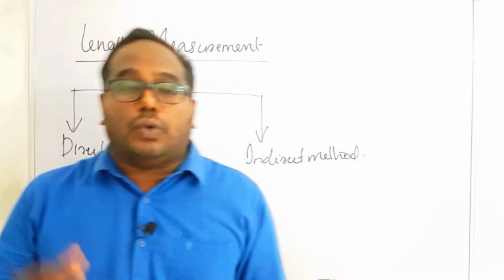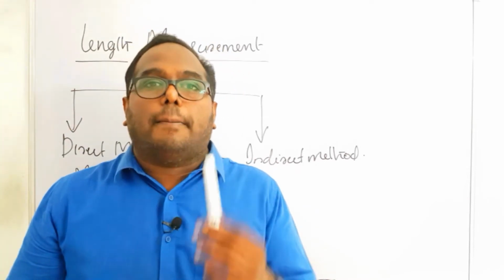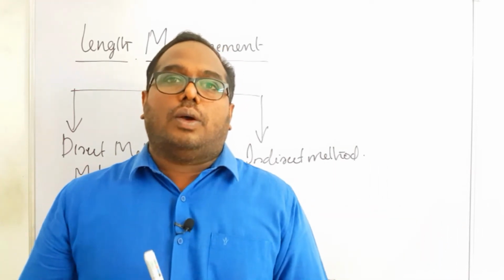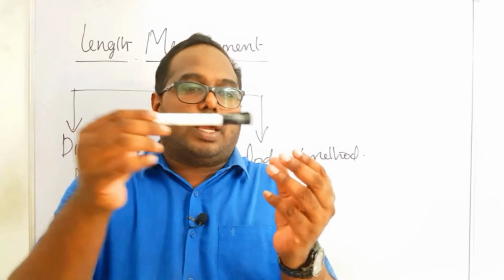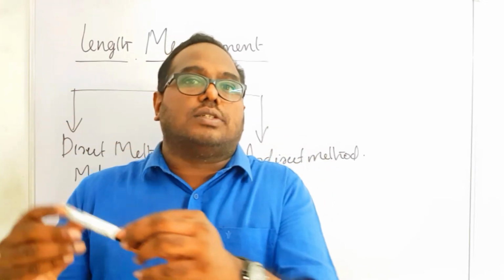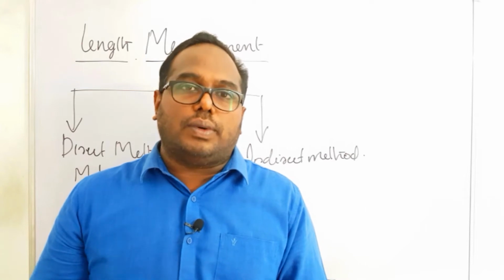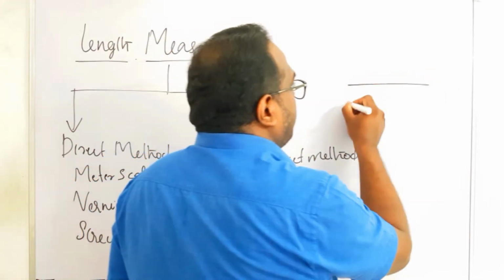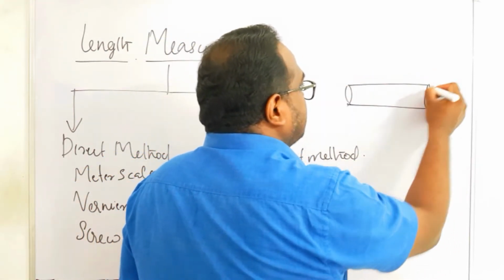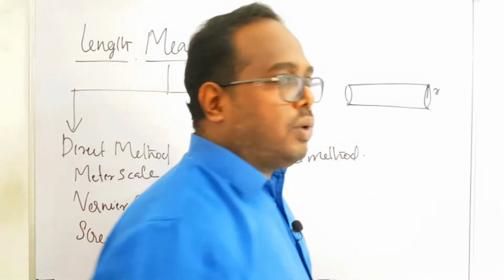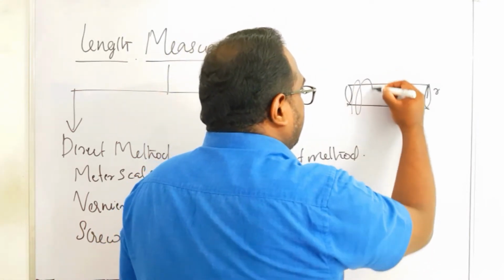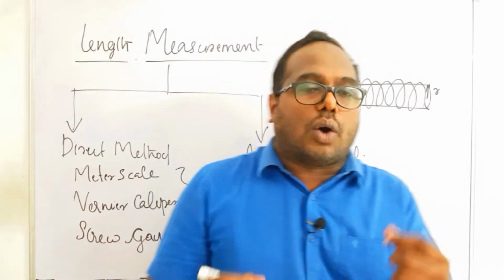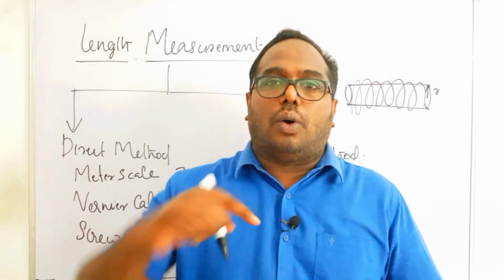For example, if you want to measure the length of a 2 kilometer long thread, one indirect method, it is very difficult. If you take a meter scale and measure like this, it is very inconvenient, right? So what you have to do is you take a rod of radius r, you take this rod and wind that thread over the rod like this, and you count the number of turns on the rod.